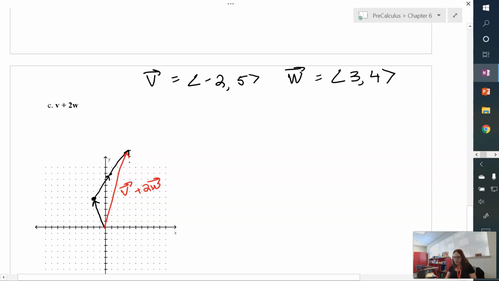That's our graphic method. And now let's do it numerically, which I personally find numerically to be much easier. So vector v plus 2 times vector w. V in component form is negative 2, 5. Now I need to multiply vector w by the scalar.